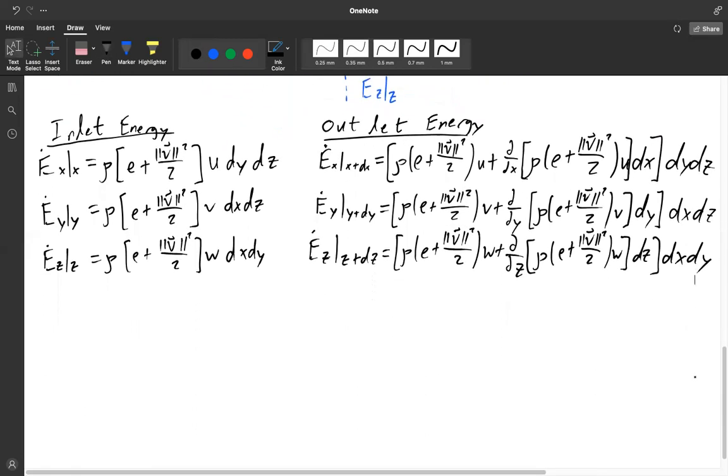All right. So dE dot equals the energy at the inlet minus the energy at the outlet for all three directions.